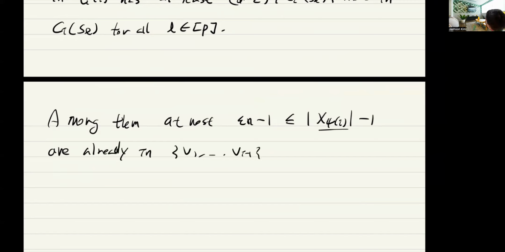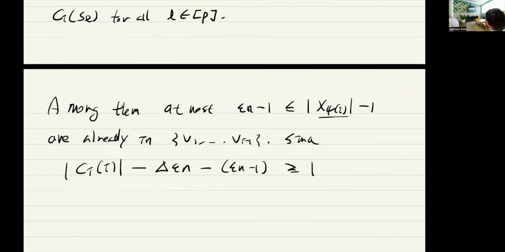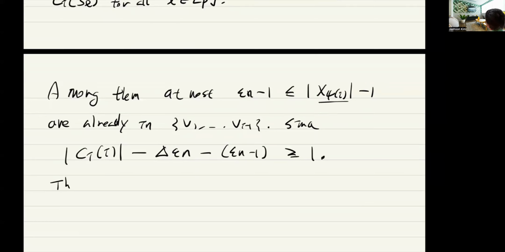So what? Out of this candidate set, at most this many were not good, and at most this many were already embedded. So you still have at least one choice.